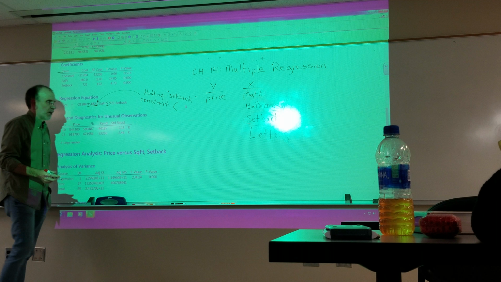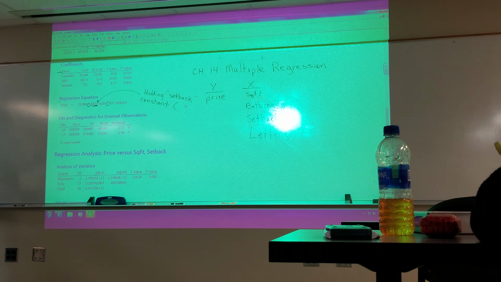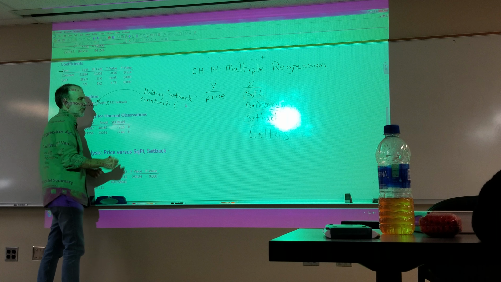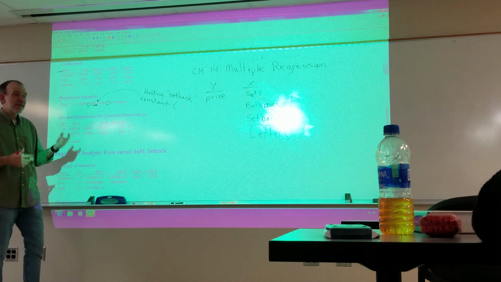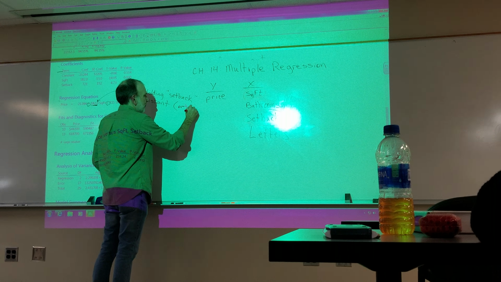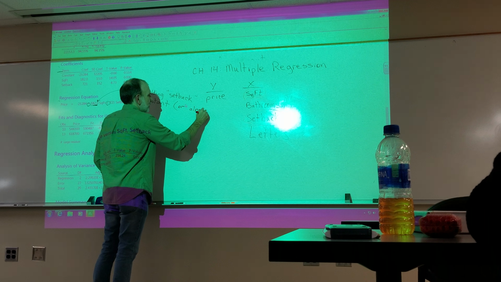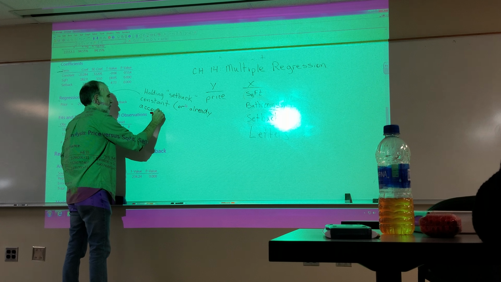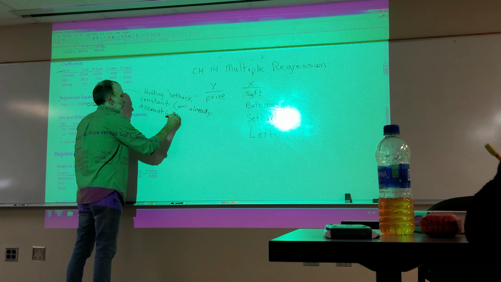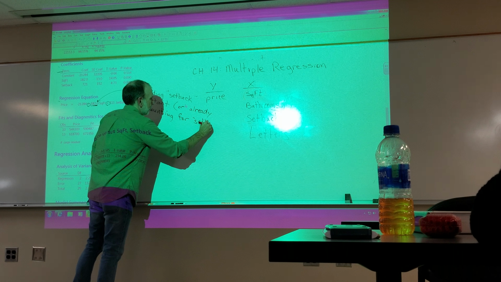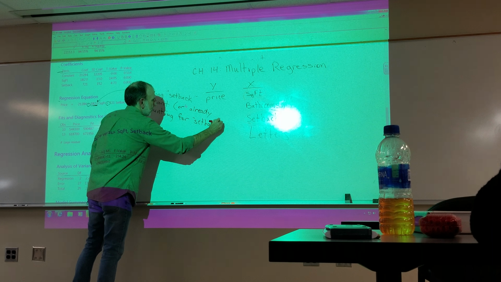And I'm actually going to put the other interpretation in parentheses, because there are two different ways that both mean the same thing. So either say "holding setback constant," or you could say "already accounting for setback."